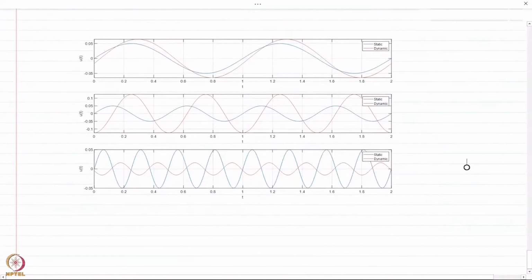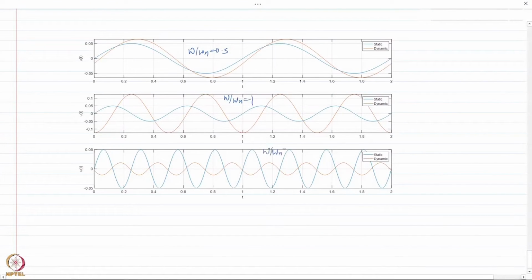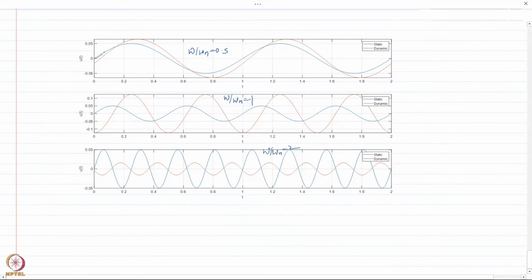So what you see here is the case where omega by omega n was 0.05. This was the case where it was 1, and this was the case where it was 2. So what do you see? The blue line is the static one. My static deformation starts at t equal to 0 at 0.